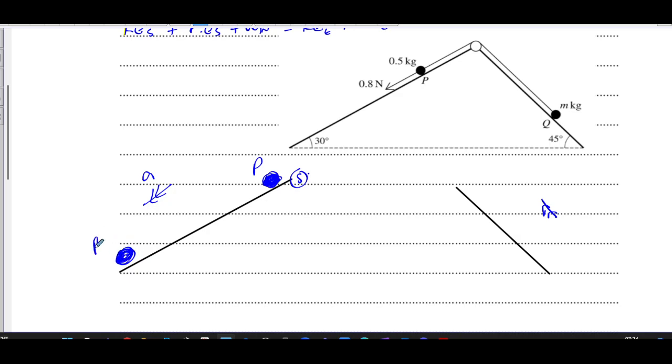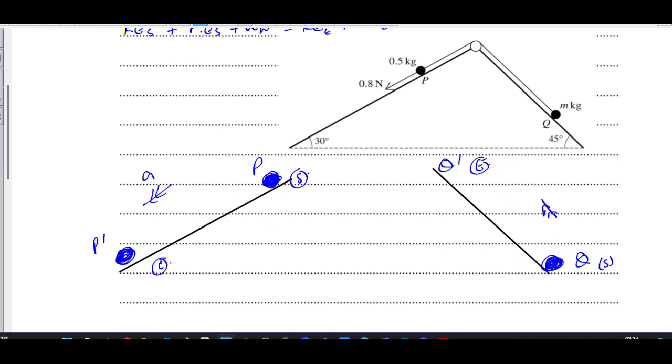I'll call this P dash, where P ends. And Q starts down here, that's the start, and Q ends up here somewhere. So this is Q dash, where the end is for Q.